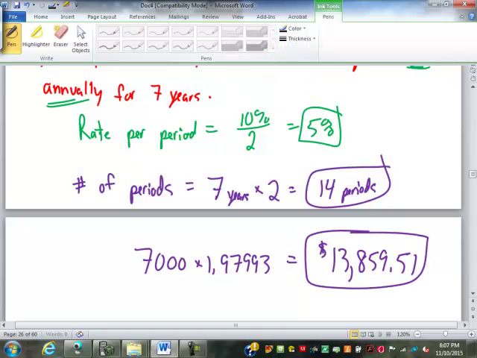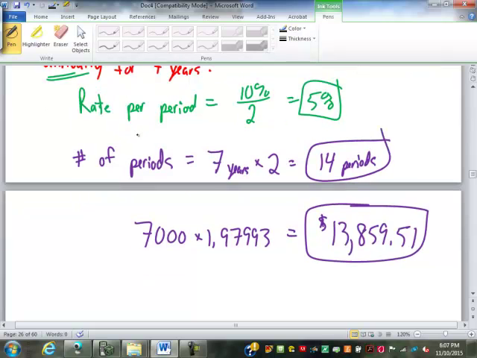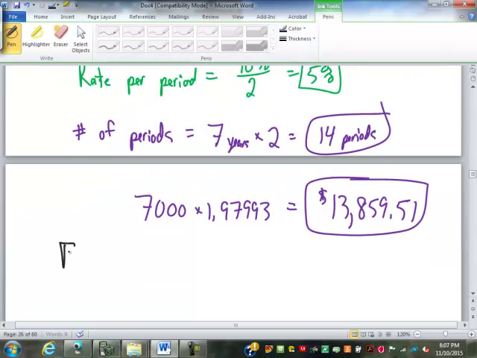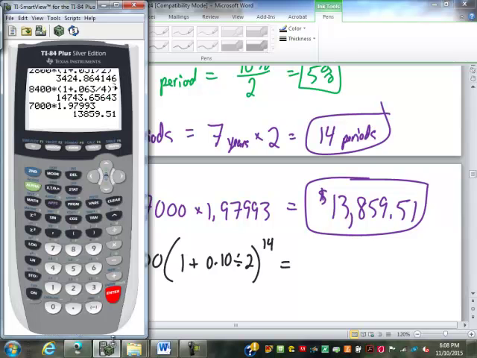Now let's compare that to what we would get if we did the formula, if we did our equation. 7,000 times (1 plus 0.10 divided by 2) to the power of 14. 7,000 times parentheses 1 plus 0.1 divided by 2 close parentheses, power of 14. 13,859.52.